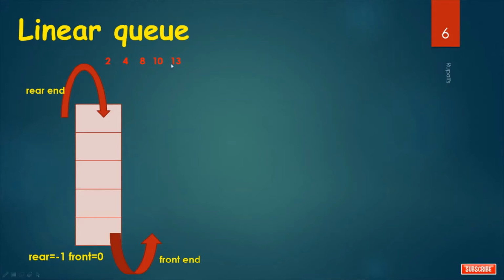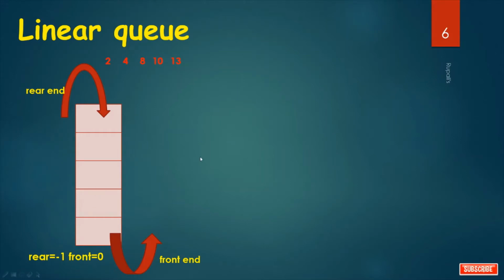Initially the value of rear is -1 and front is 0. When the queue is empty, I have to initialize the value of rear as -1 because no elements are there, and if there is at least one element, then front is 0, meaning then you can delete.